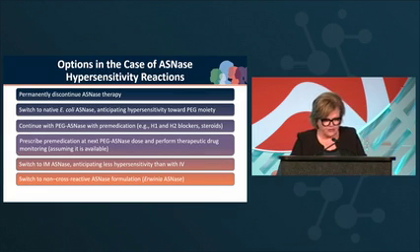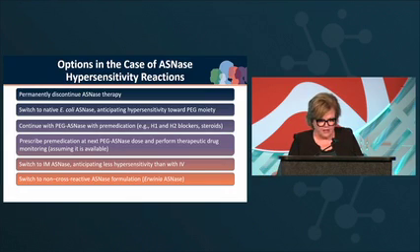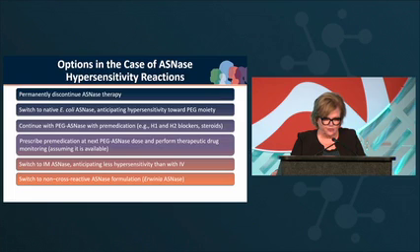Are we going to continue PEG with pre-medication, such as the histamine blockers and steroids? Are we going to prescribe pre-meds at the next PEG asparaginase dose and perform therapeutic drug monitoring? Are we going to switch to IM asparaginase? Or are we going to switch to a non-cross-reactive asparaginase formulation such as Erwinia? So just think about this, and we're going to go through these different scenarios.